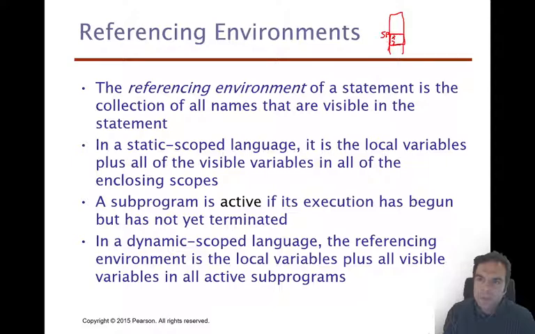What's actually happening is these are the local variables, but you're also going to have a pointer to the referencing environment, which in a statically scoped language likely lives somewhere on the stack, but not immediately above you, right? So you're going to look locally first to figure out where variables are. If you can't find them locally, you're going to look in some other environment on the stack. And at the very top of the stack, you might have your globals, right?